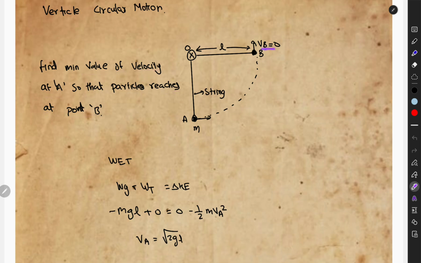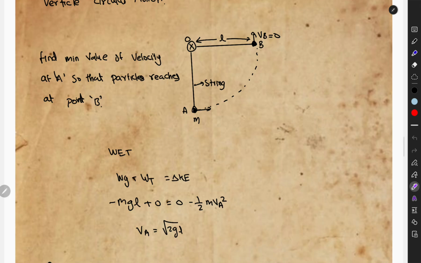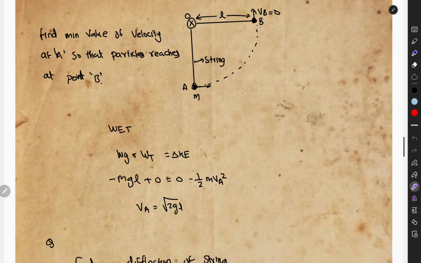So as you can see here, the velocity is gonna be 0. By the work energy theorem itself, you can basically solve this problem. The two forces which are acting on this particle are the tension force and the gravitational force for sure, right? So minus mgl, where l is basically this length.